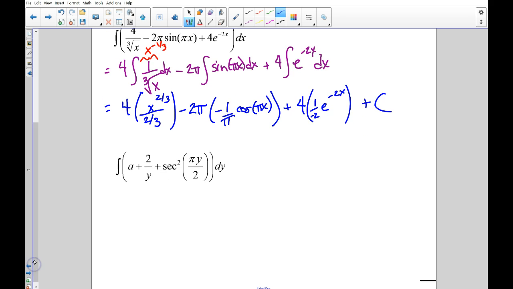And then the last example for this video is going to be the following. It's the integral of a over 2, plus 2 over y, plus secant squared of all that stuff. Notice that we are finding the antiderivative with respect to y.